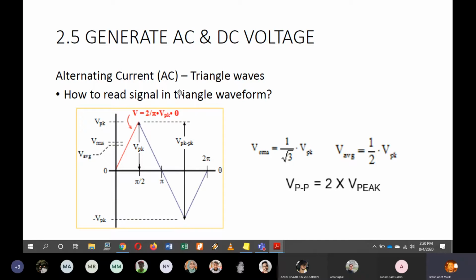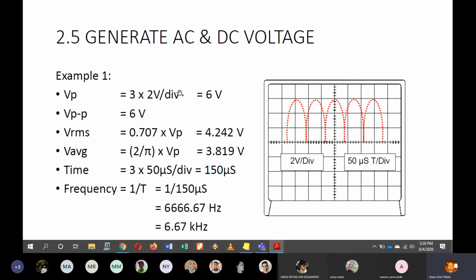All right, example here, V peak for this waveform. Okay, so the V peak, if you look at this, the time per division. So this is what you normally obtain on your oscilloscope. For this axis here, the value is 2 volt per division.